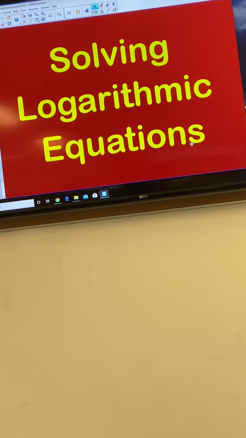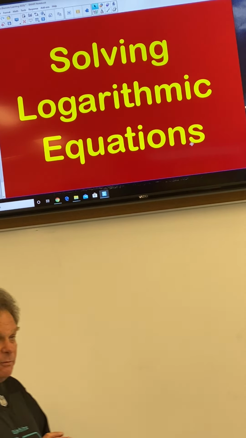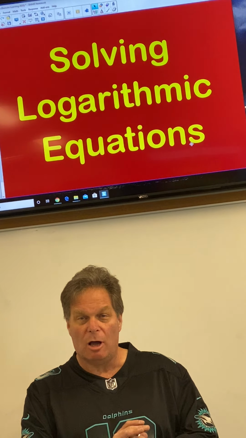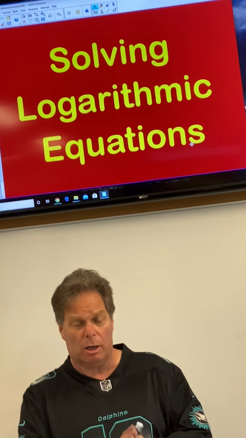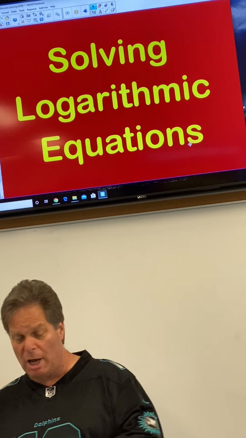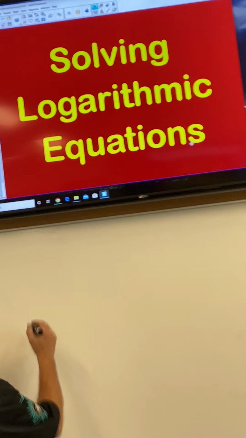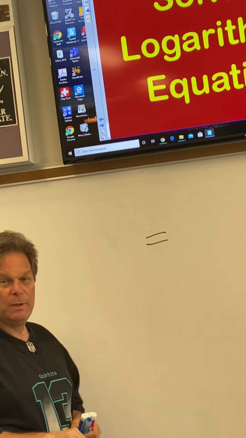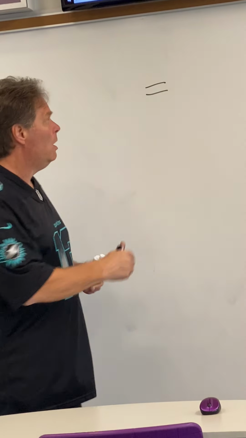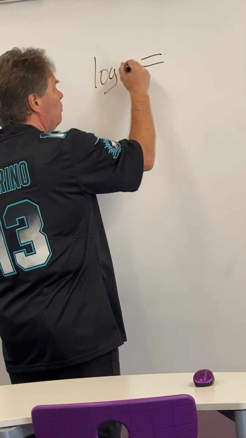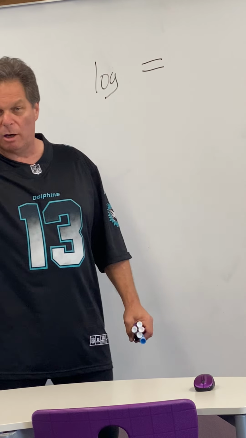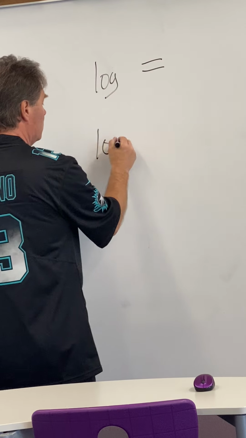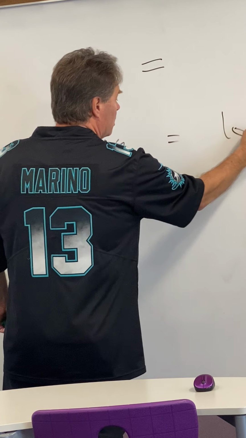Good enough. That's the first part. That's how you know. If it doesn't have a log, it's not a logarithmic equation. If it is a logarithmic equation, it will have a log. Now, it has one of 2 types. Say we have an equation right here. It's either going to have a log on one side and not a log on the other side, or it would have a log on this side and a log on this side.